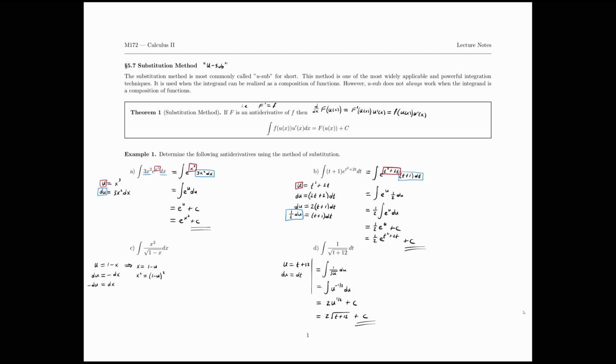So in this case, we get a negative du for this dx. So if I have a coefficient, I can always just pull that out. So that negative du, the negative I can take out. So then the x squared would become a 1 minus u quantity squared. The square root, of course, becomes square root of u, which I can write as a u to the 1/2. Let's just do that now.